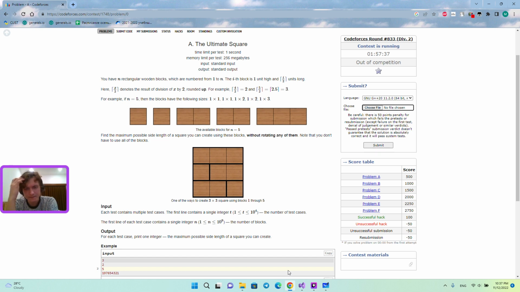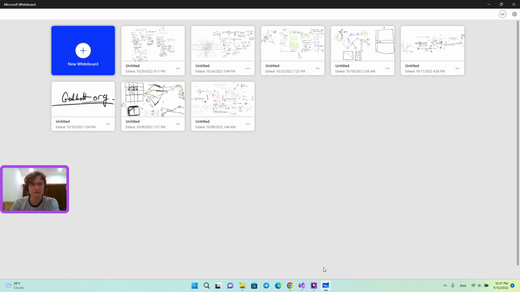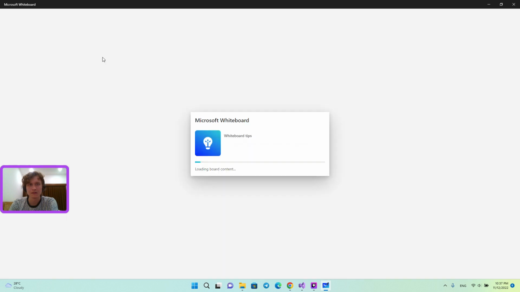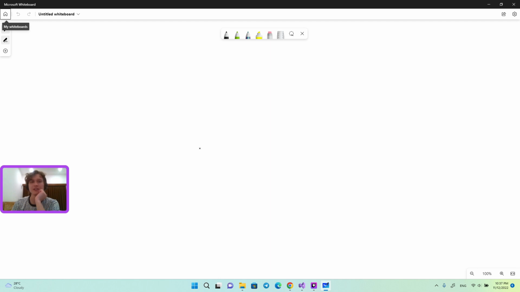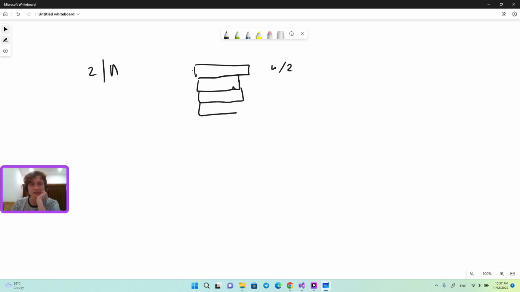So for example, if we have an even n, then we have n halved, then 2 times n minus 1. Ah, no, it's like this. I guess it's just n halved.